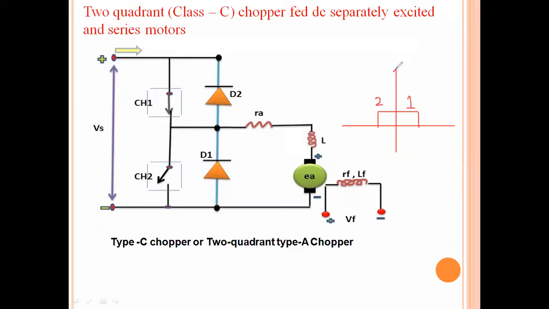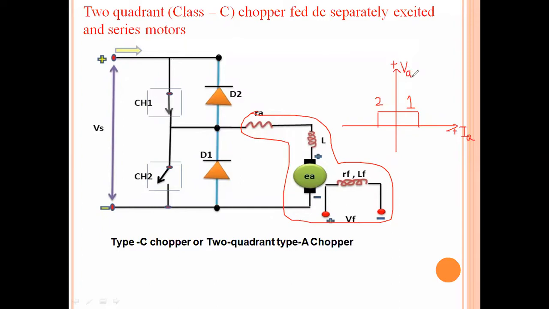So you must know that in these two quadrants, the voltage is positive because the y-axis is positive for these two quadrants. So the voltage across this load is always positive. But in the first quadrant, the armature current is positive, or we can say this is armature voltage.